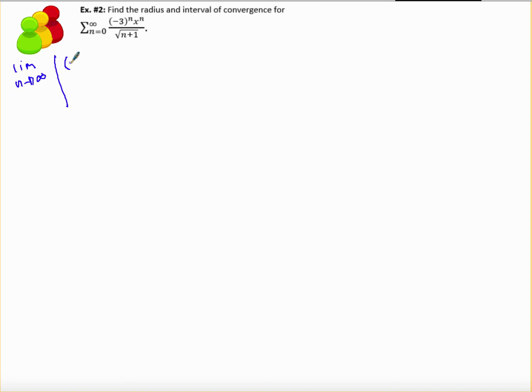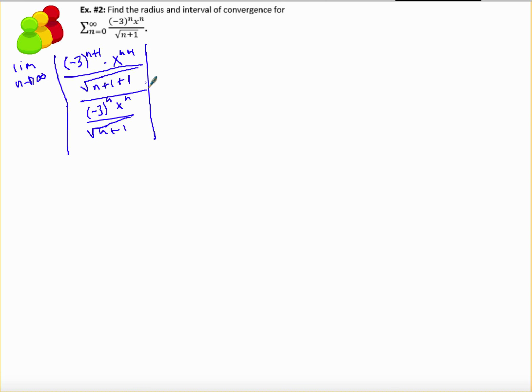So, everywhere I have an n, I'm going to put an n plus 1. And this one already has an n plus 1, so that'll be an n plus 1 plus 1. And then you divide by the original. So we had negative 3 to the n, x to the n. Okay, so I'm going to simplify.